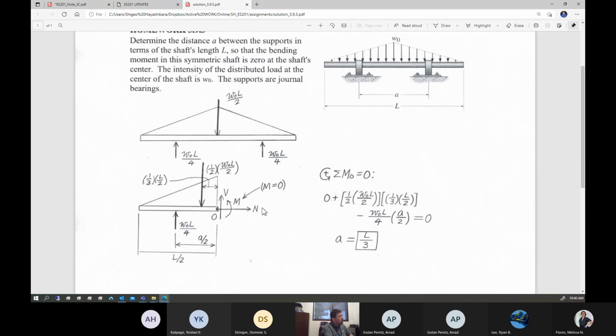Of course, normal force is 0. Then what is the condition to make the moment 0? Then I found A is 1/3 of L. So it's just a sneak preview of how you do this homework assignment.